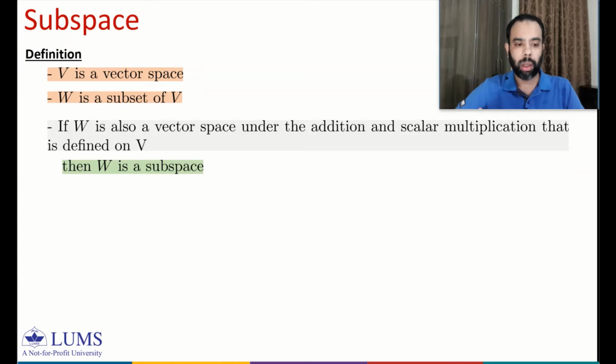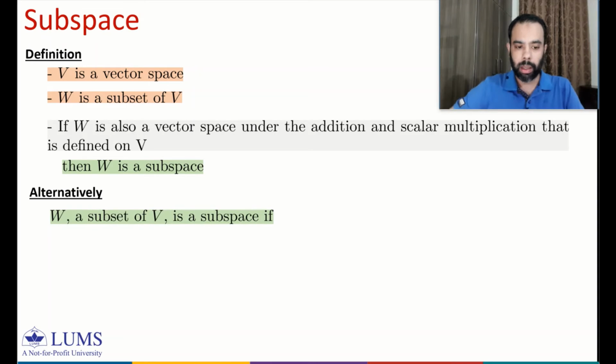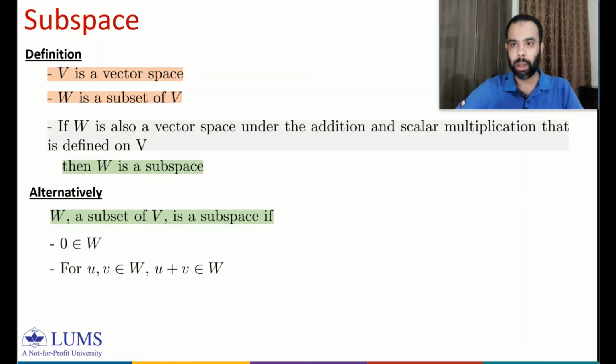Let's look at one more alternative definition to understand it more clearly. We say W, which is a subset of V, is a subspace if we have a 0 element in W. W is closed under addition: you take two vectors u, v in W, and u plus v also belongs to W. And W is closed under scalar multiplication defined on V: we take a scalar a that belongs to R, and u that belongs to W, and if au also belongs to W, we say W is closed under scalar multiplication.